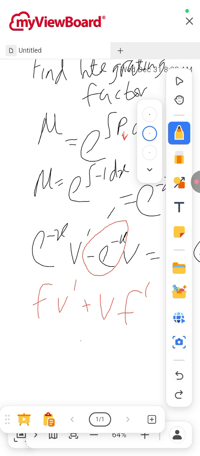So this looks like the differentiation of the product of two functions. You go and check your techniques of differentiation, that product rule.